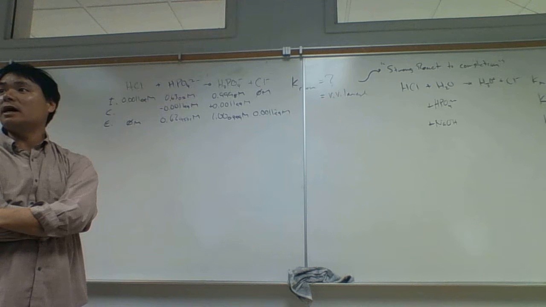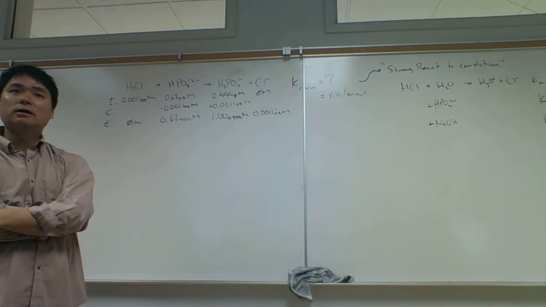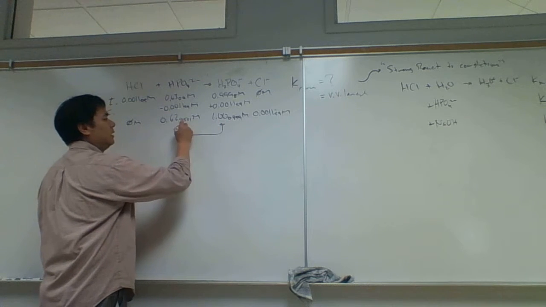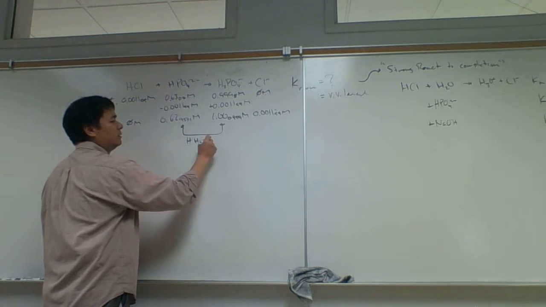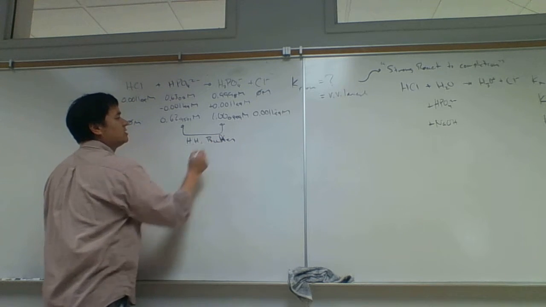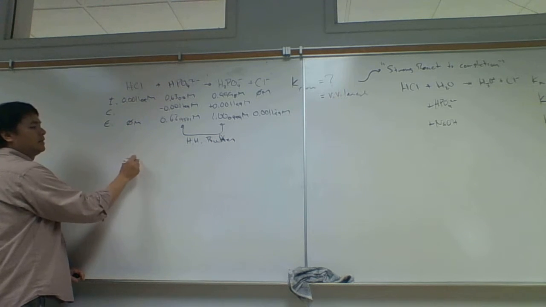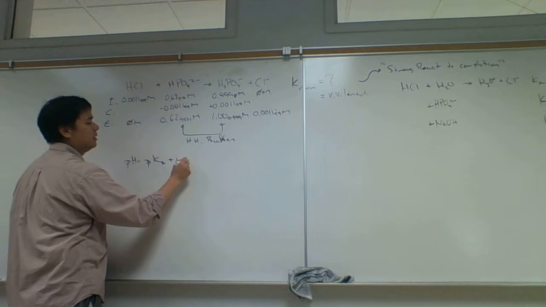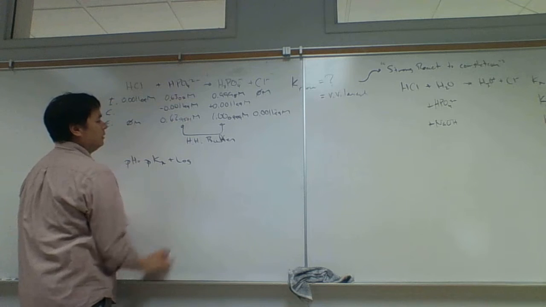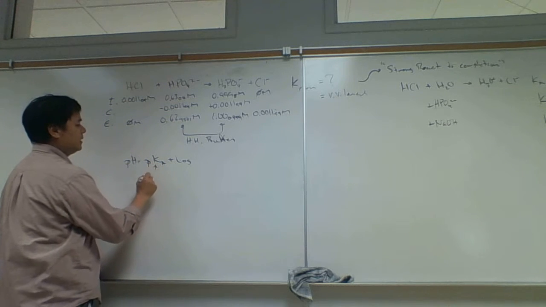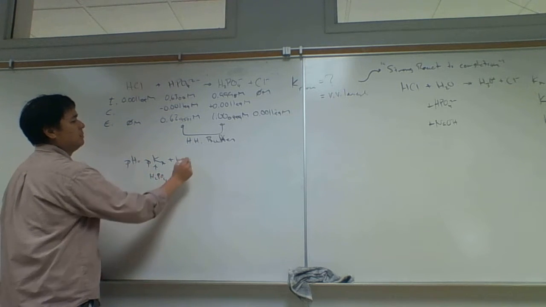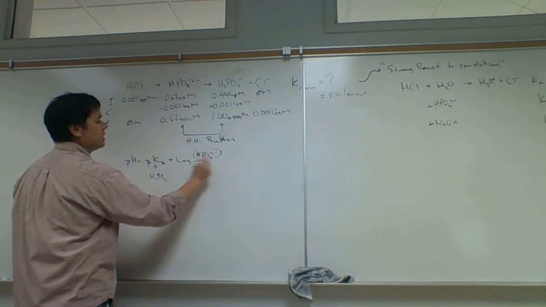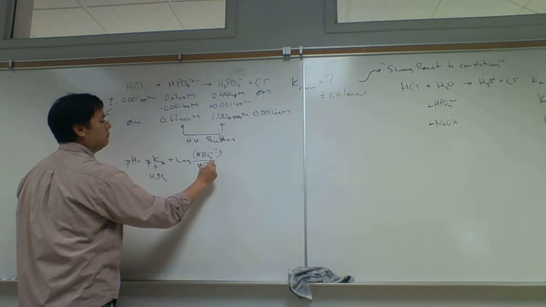If we just recognize that that mixture is a weak acid, weak base, that's a Henderson-Hasselbalch buffer, then the pH is easy. The pH is equal to the pKa plus the log of the base over the acid. This is the pKa of H2PO4 minus. The base is going to be HPO4 2 minus. The acid is H2PO4 minus.